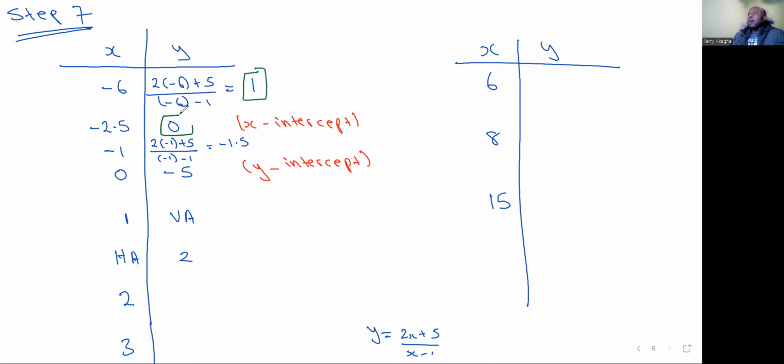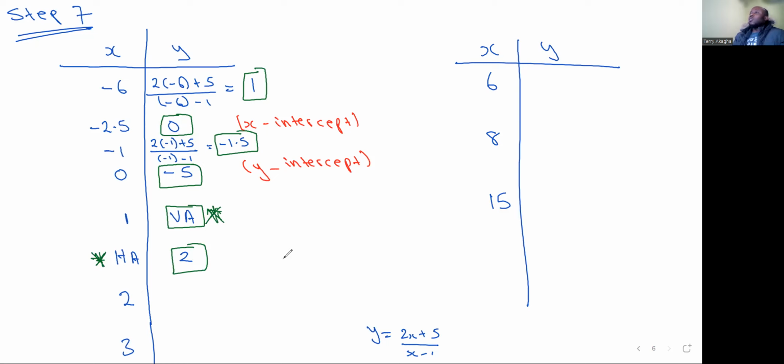The y value we have here is 0. The y value we have here is minus 1.5. The y value we have here is minus 5. We have the x value to be the vertical asymptote, so we take note of that. And the y value we have here is 2. This is the horizontal asymptote. You take note of that.